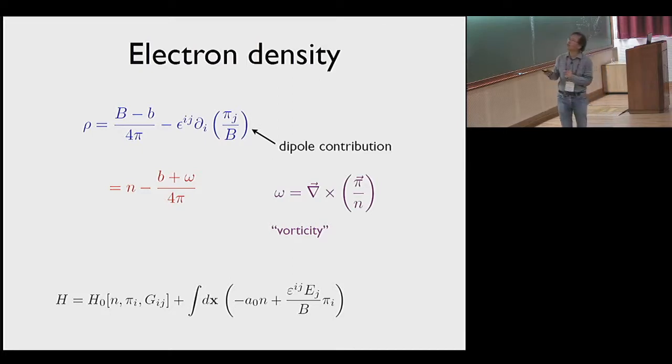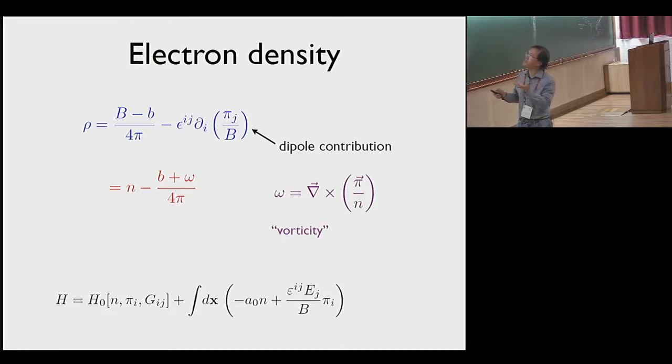If pi over n is interpreted as the velocity of the fluid, this is just the vorticity of the fluid. So the electron density has a component related to the vorticity of the flow.